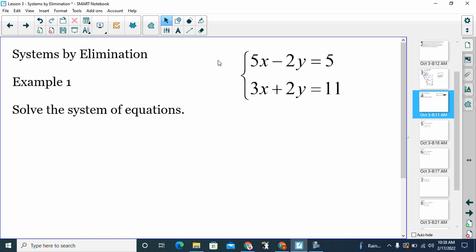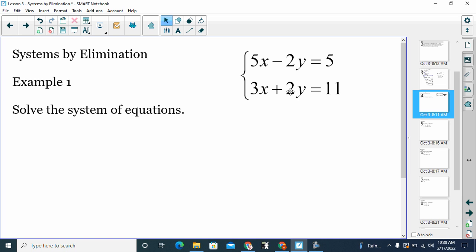Also, last class we took a look at a problem where I could solve for one of my variables and then substitute, which works well if one of the equations has a variable with a coefficient of 1.